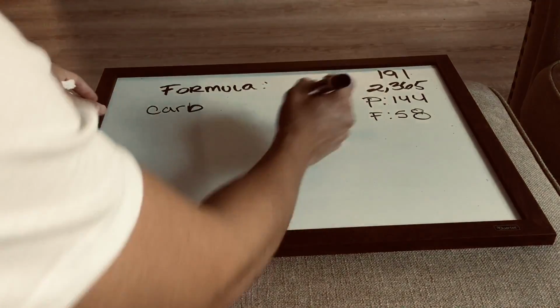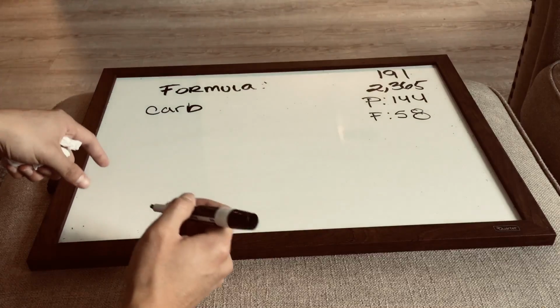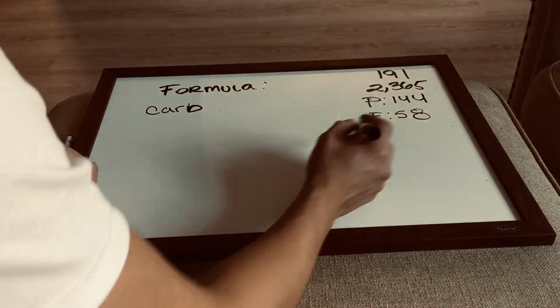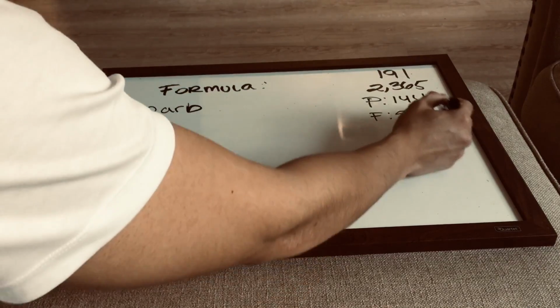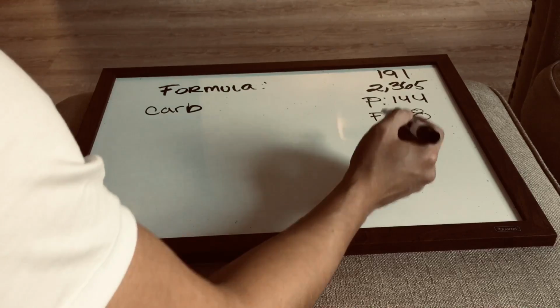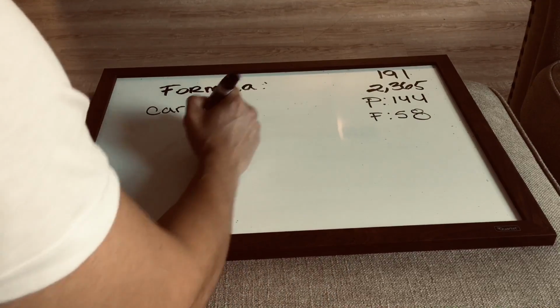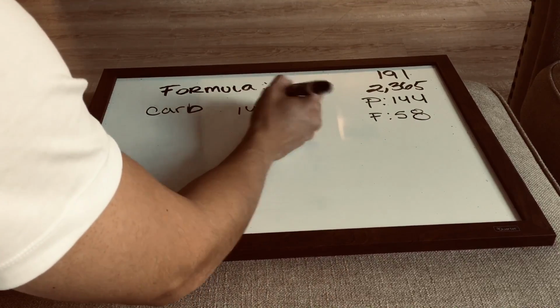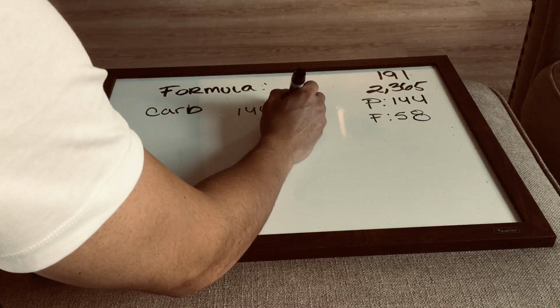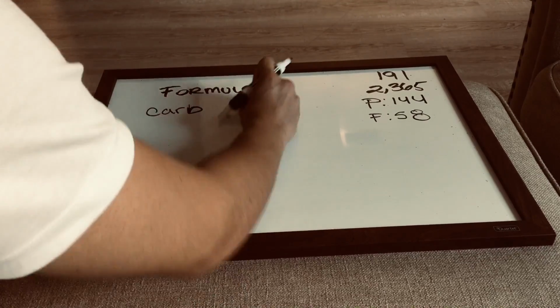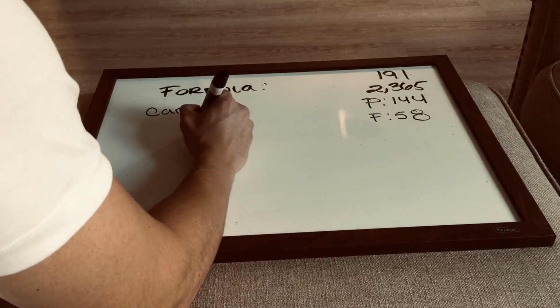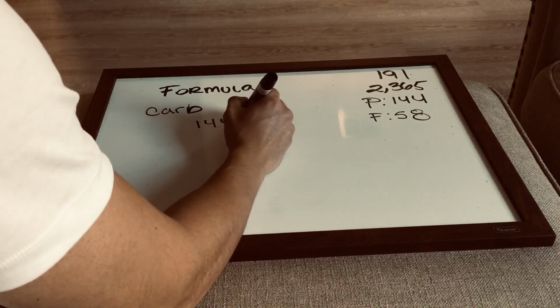So given that we've got 2,365 calories to work with, we've already taken some of those calories into account using our proteins and our fat. So what we're going to do here is add these together, 144 plus 58. We're going to take the protein and the fat separately.